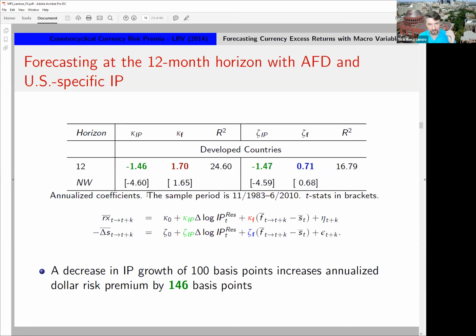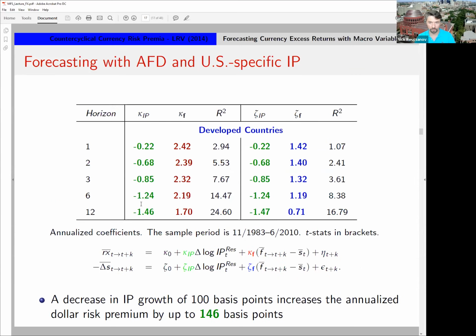powerful a predictor. So again, there's something special, it seems like, about the dollar and average forward discount that has to do with the U.S. business cycle, and maybe with the relation between the U.S. business cycle and the global business cycle. And one way we can see this is we can kind of orthogonalize the U.S. industrial production with respect to that of the rest of the OECD countries.